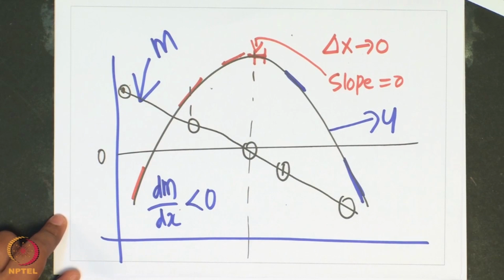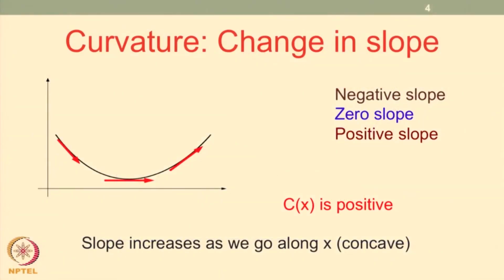Right? So now let us look at the curve which is U-like. If you take such a curve, at the beginning, for small x values, if I draw a small tangent, the slope is negative.